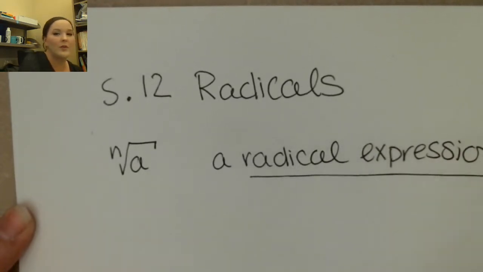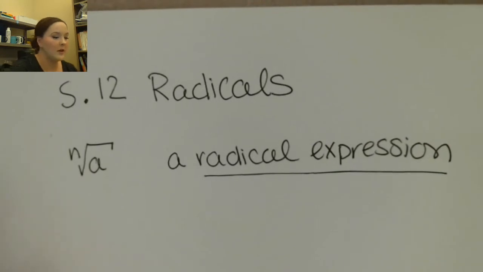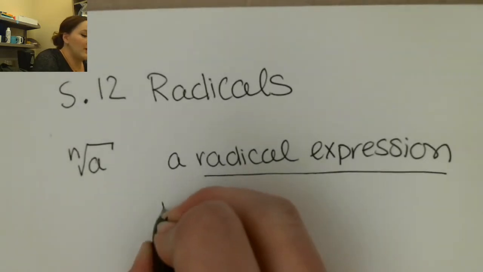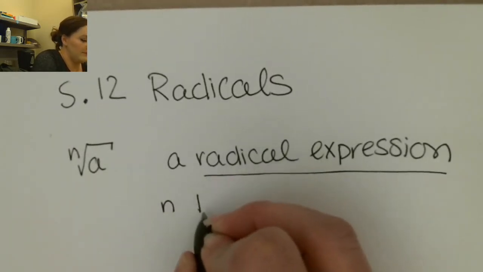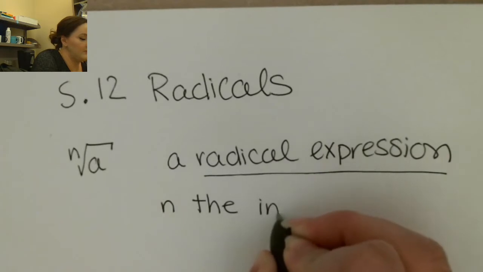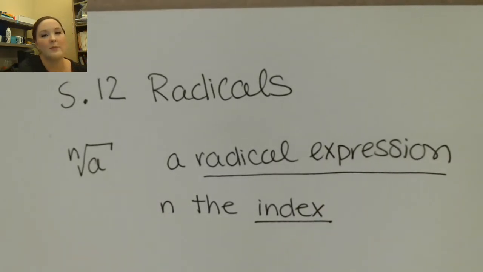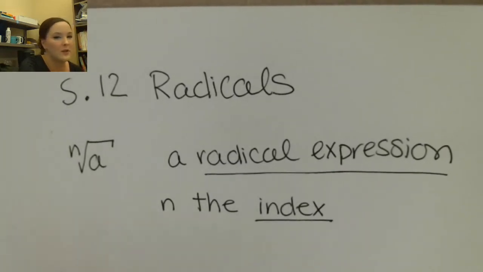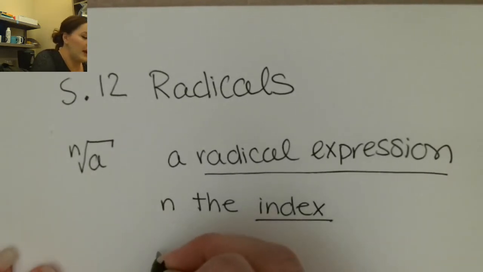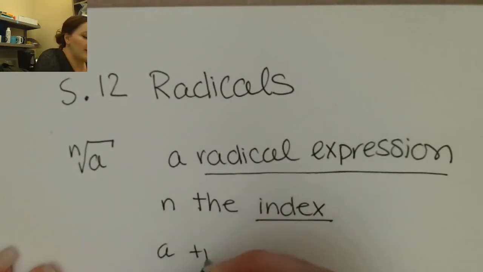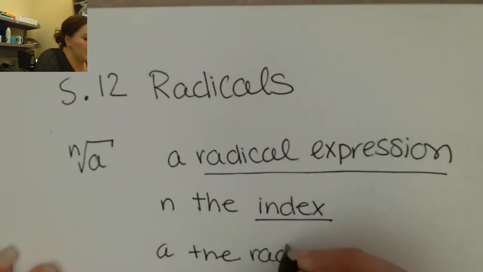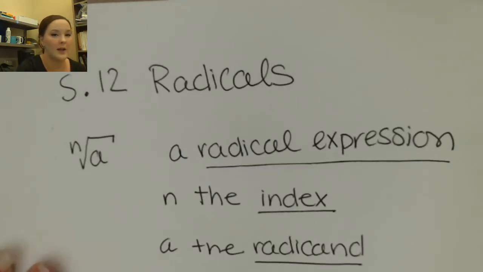So the whole thing is a radical expression, and the pieces of this have different names. n is called the index, and remember that tells you what type of radical it is. If there's no index, it's a square root. If there's a 3, it's a cube root, etc. And then a is called the radicand. So the inside stuff is called the radicand.